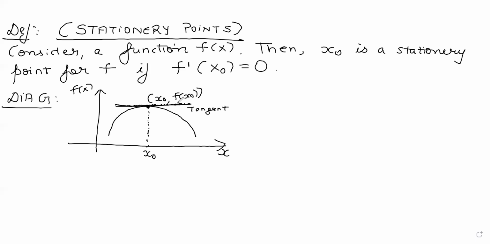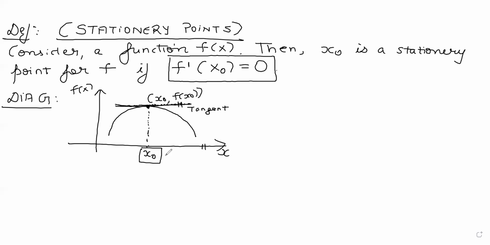And you can see that the tangent is parallel to the x-axis. Mathematically, any line parallel to the x-axis has slope equal to 0. That means at the point x0, the slope, which is f dash x0, is equal to 0 because the tangent is parallel to the x-axis.